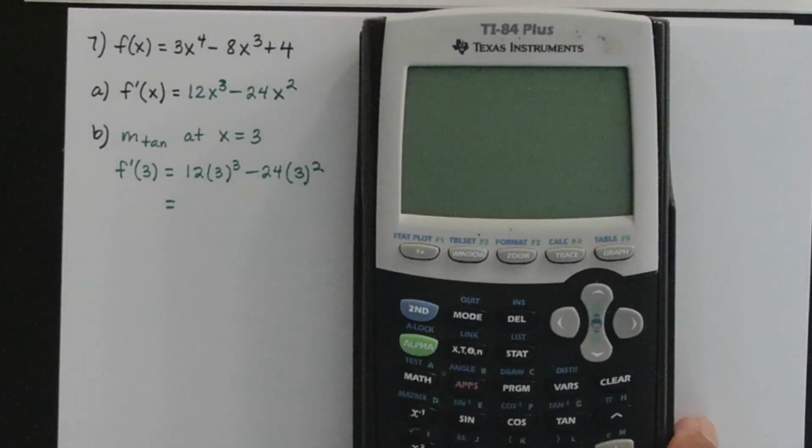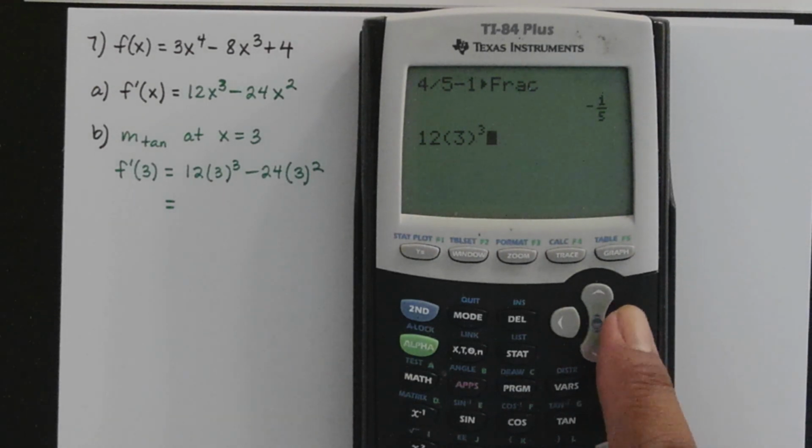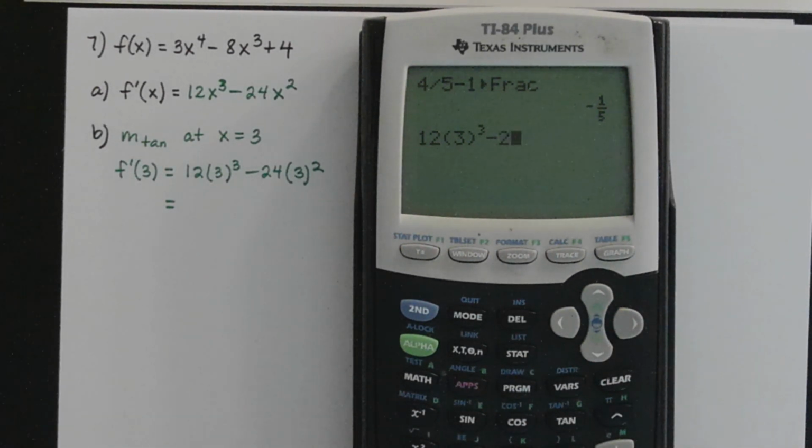Now, of course, you can use a calculator if you like. Let's see, 12, and then left parenthesis 3, close parenthesis, the hat key, and then cube. And then minus 24, left parenthesis 3, close parenthesis, and square it. And then hit enter.